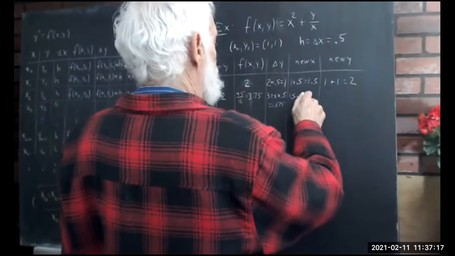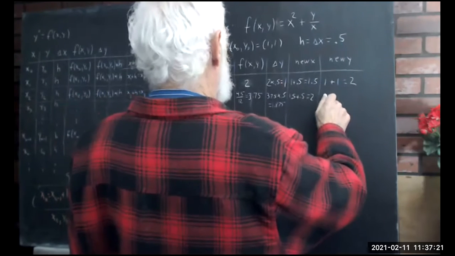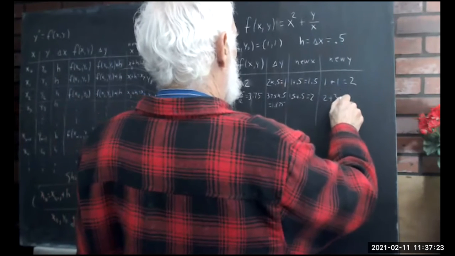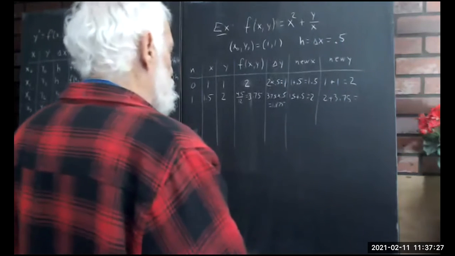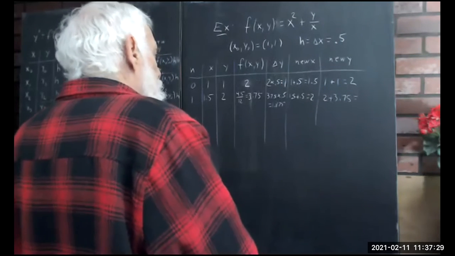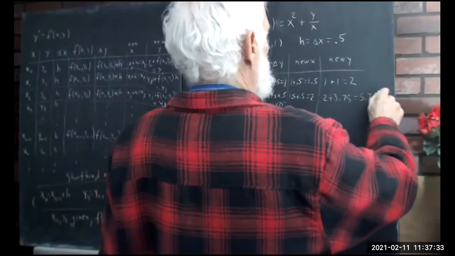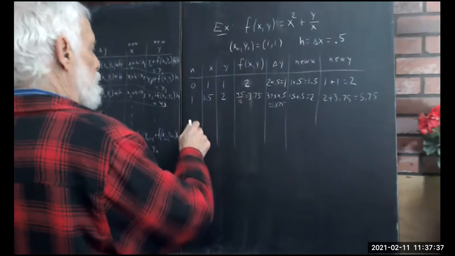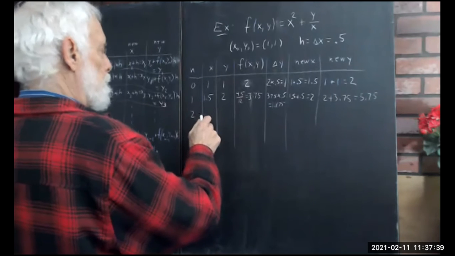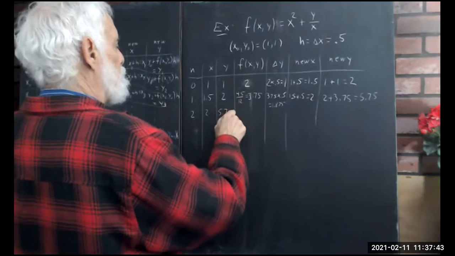Plus 0.5 equals 2. And then this is going to be 2 plus 3.75. And that's going to equal 5.75. So in the next step, we're going to have n equals 2, x equals 2, y equals 5.75.